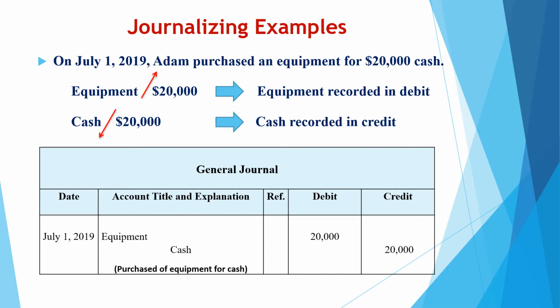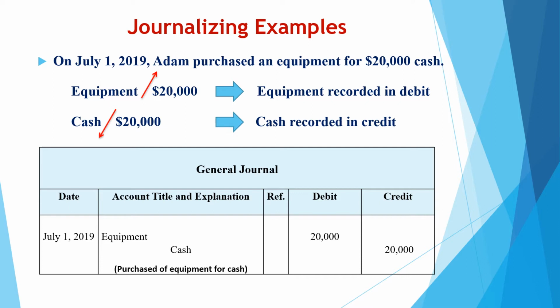Remember that assets have a debit normal balance, so all assets increase in debit and decrease in credit. So, since equipment increased by 20, equipment must be recorded in debit. And since cash decreased by 20, the cash account must be recorded in credit.